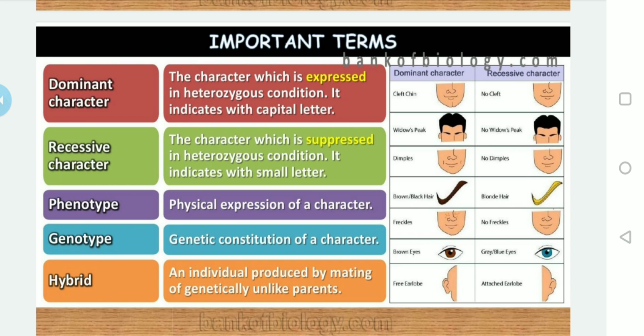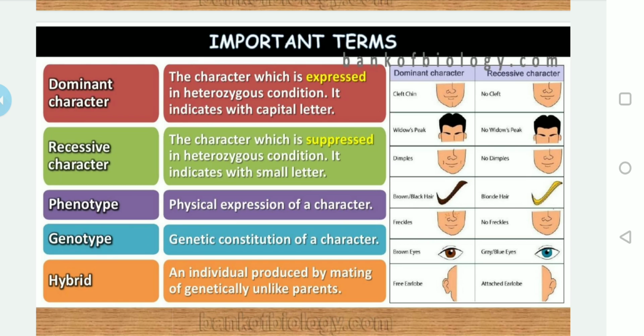For example, if we consider tall as dominant we use capital T, and if dwarf is recessive we use small t.